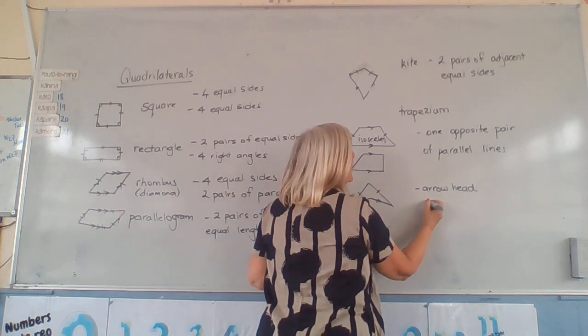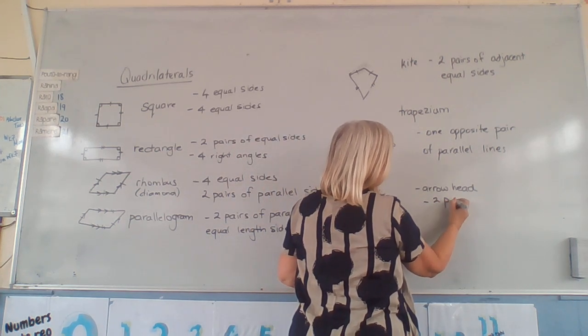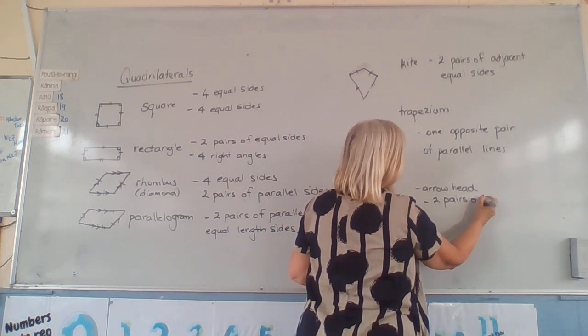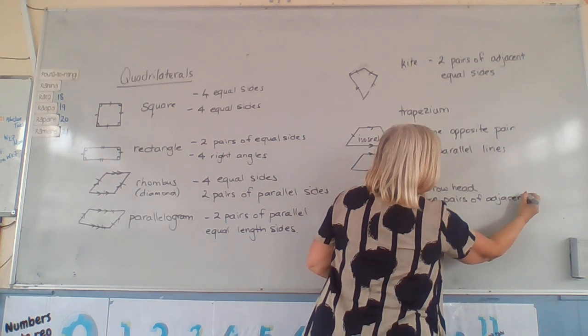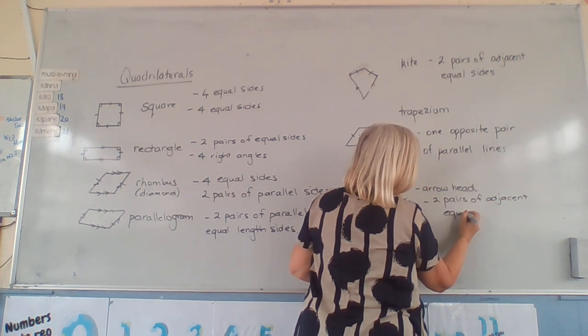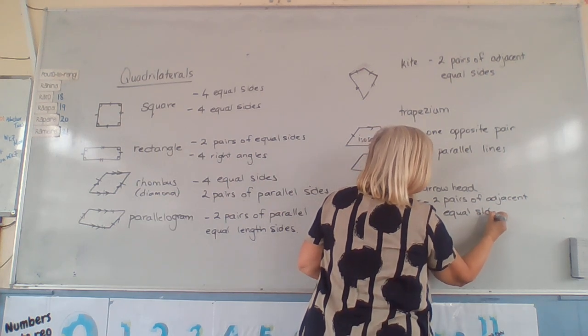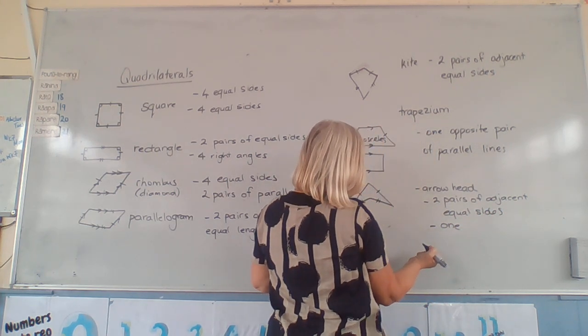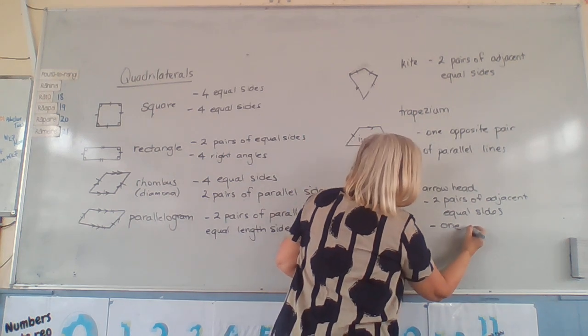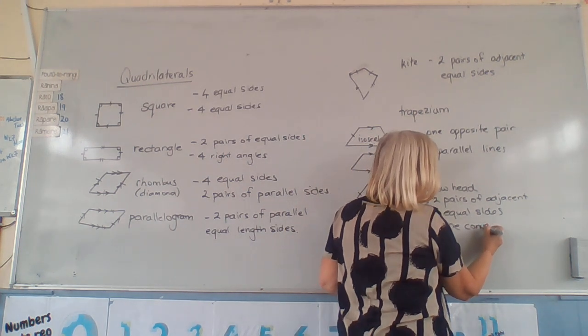But this is, again, two pairs of adjacent equal sides. But to get an arrowhead, we need one convex or angle that's big.